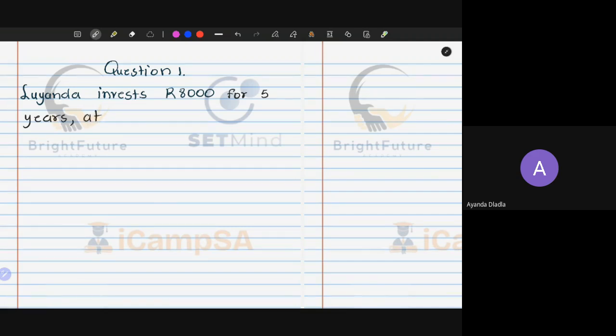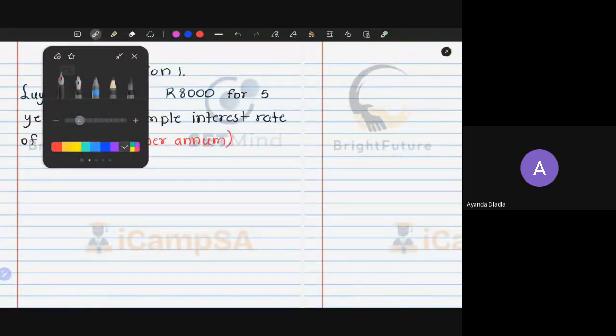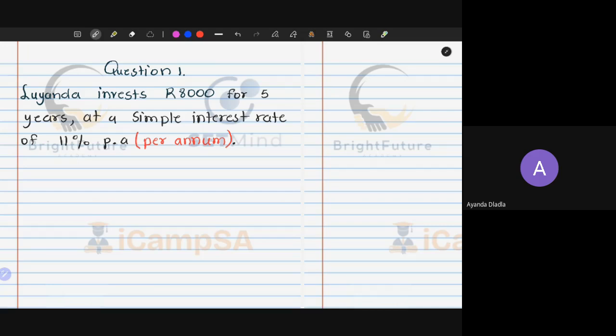The interest that they are getting is at a simple interest rate of 11% PA. They usually write PA, and you guys should remember what that means. If you don't, I'm going to remind you. It means per annum, which means per year. So that is the situation with Luyanda.